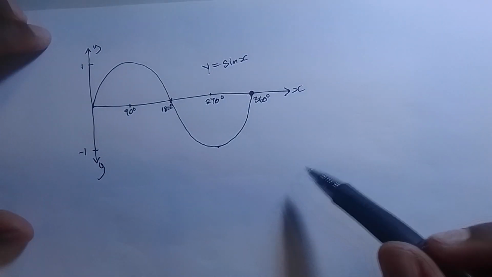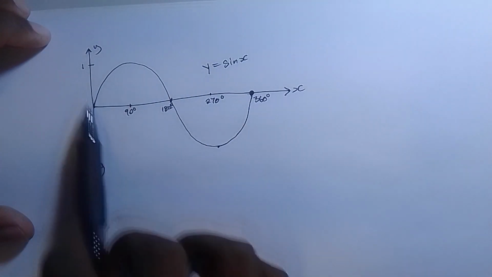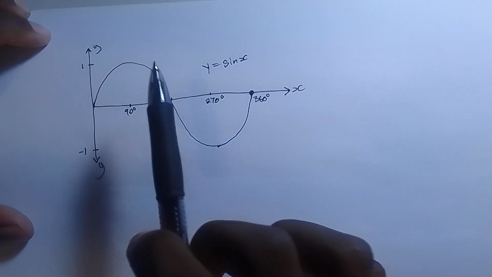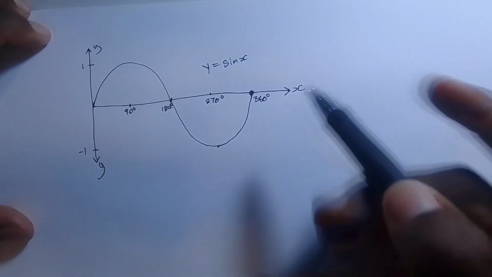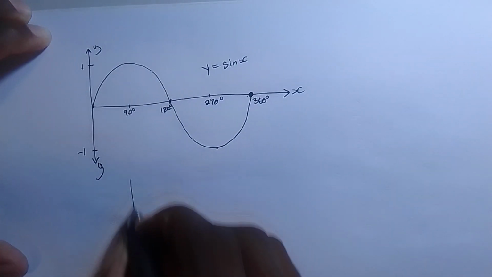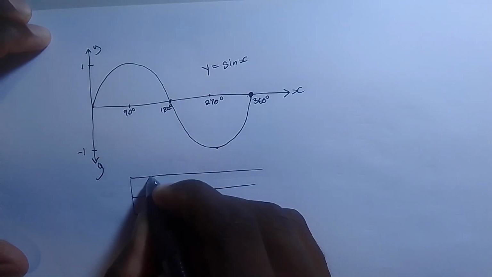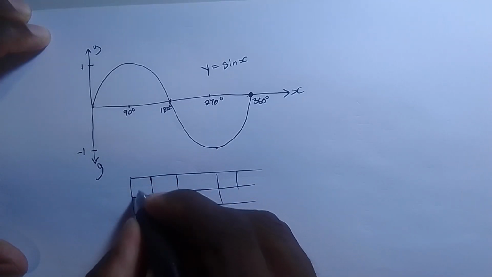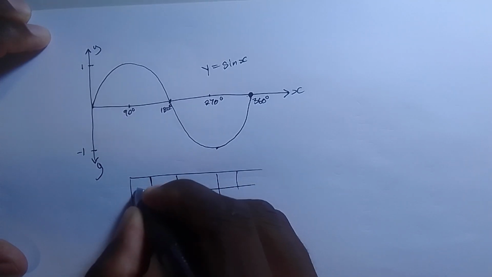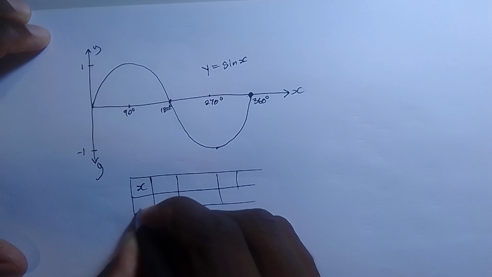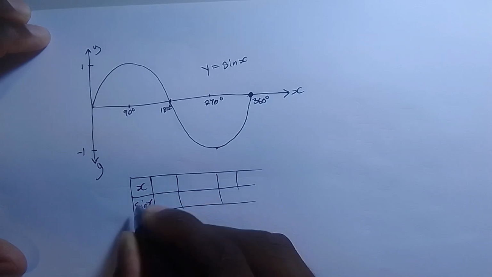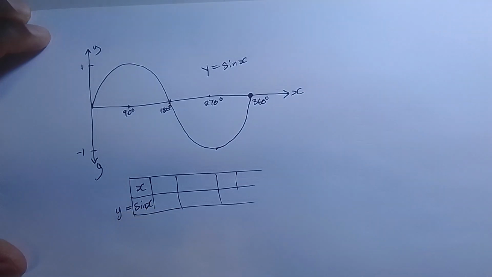Okay, so this graph doesn't just come out of thin air. You get this graph by drawing a table. You draw a table like this, and then here you have your x, here you have your sine x, which is the same as y, right?